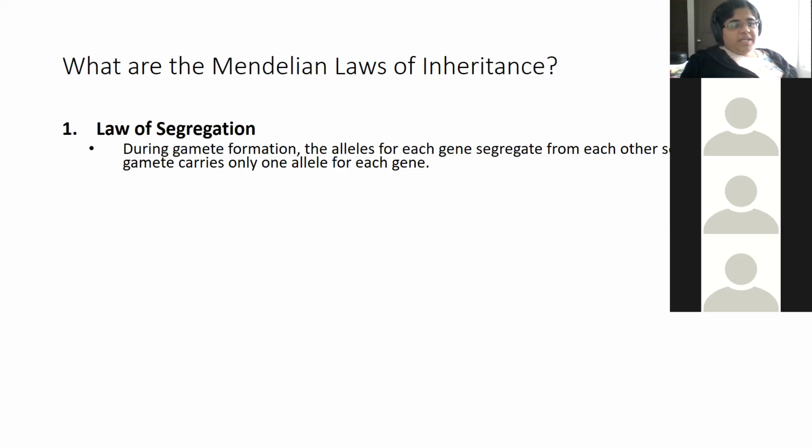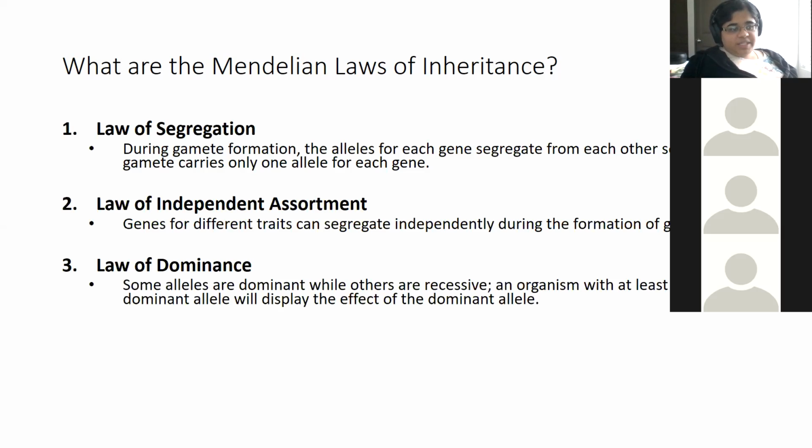So I put down these three in here. The law of segregation involves the alleles of the same gene separating out from each other. So the gametes end up carrying only one allele.